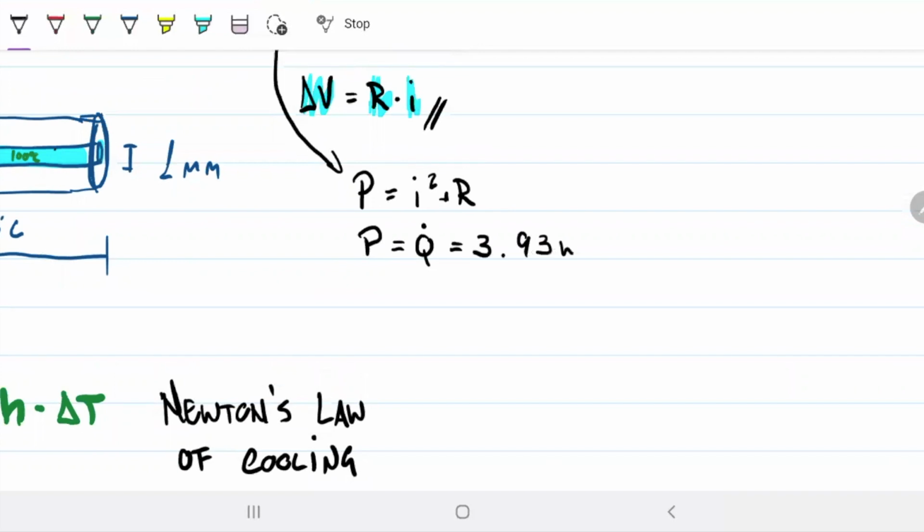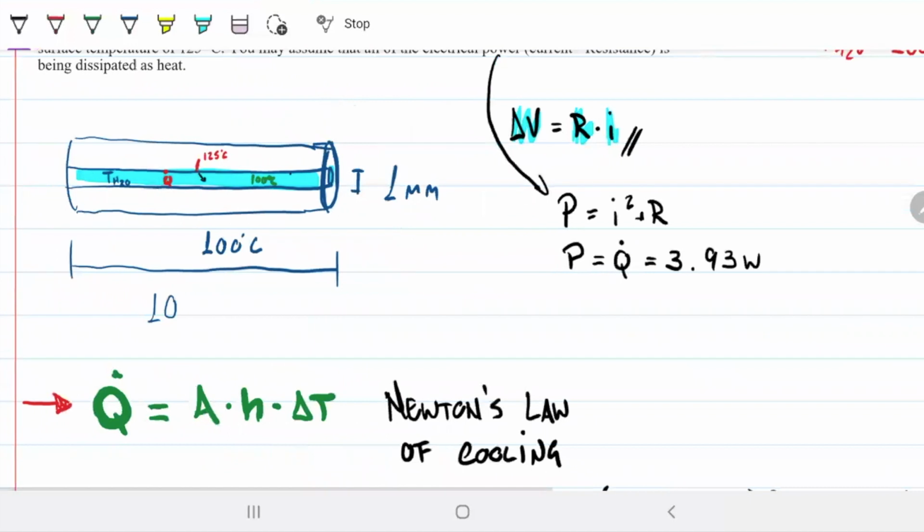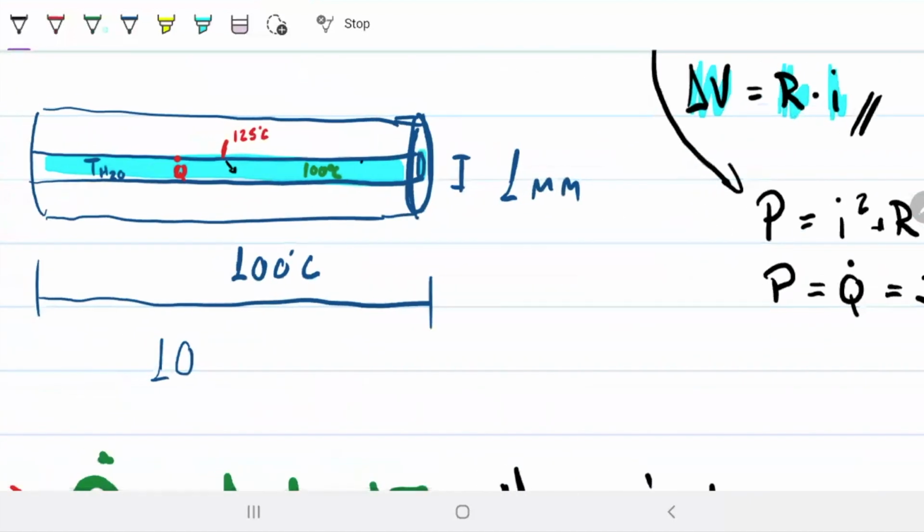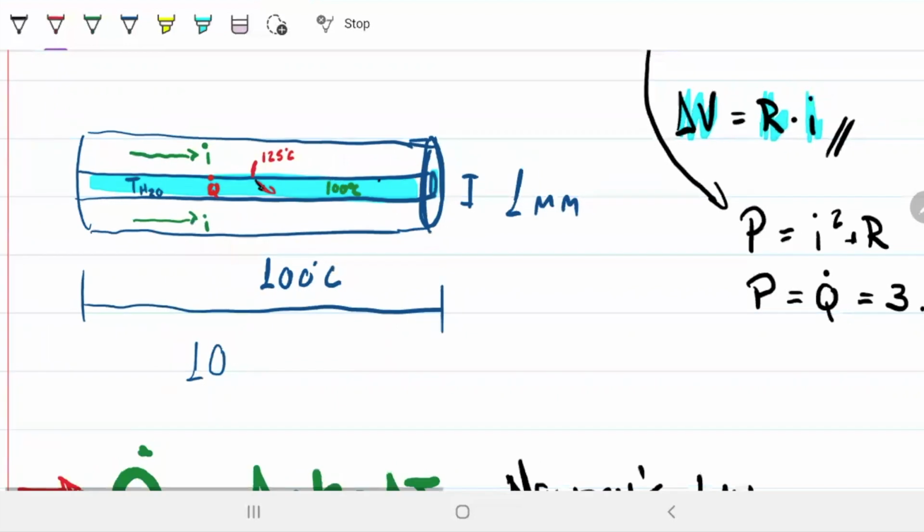If you think about what's happening here, the current going through this tube generates energy, and we achieve steady state so that all the energy created by this current is flowing away into the water in the form of heat.